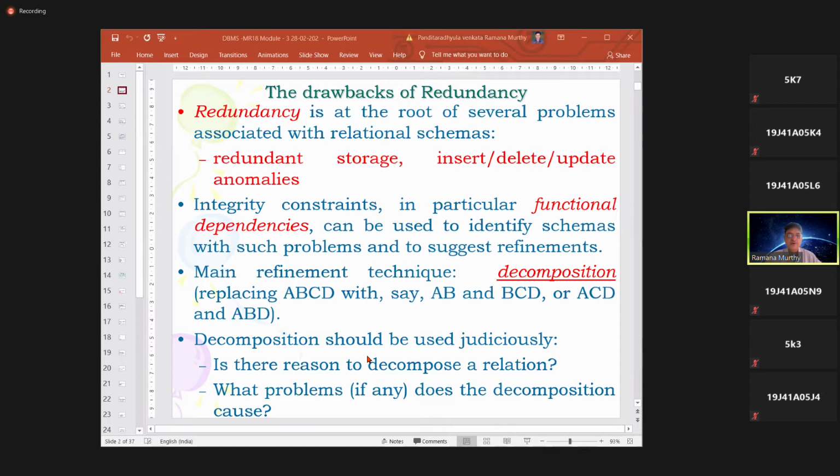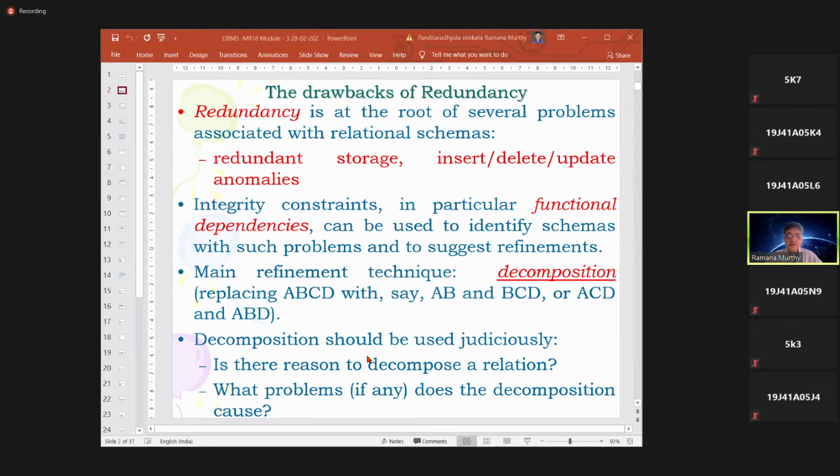Functional dependencies can be used to identify the schemas, primary keys, and foreign keys, so that this functional dependency not only maintains the integrity constraints simply restricted to the primary key or foreign key, but also identifies the schemas wherever redundancy-like problems may be present. It identifies the schemas with such problems.